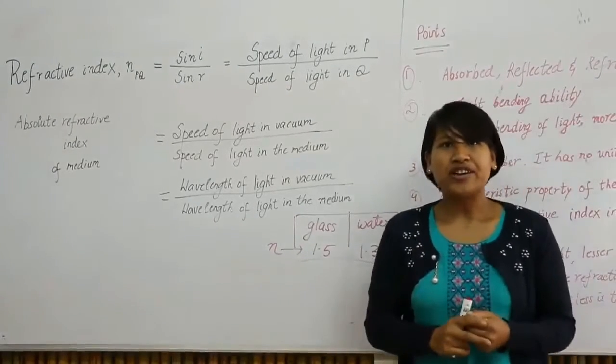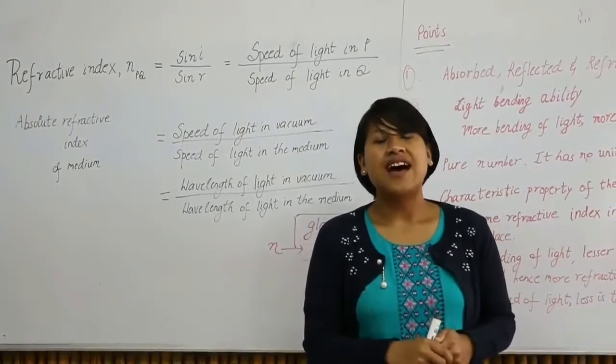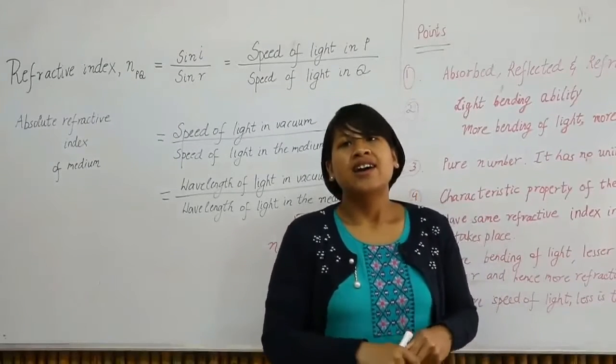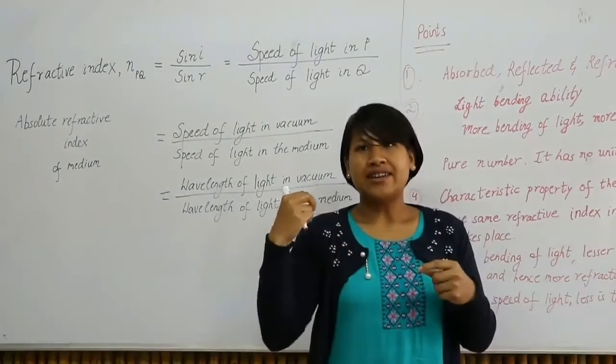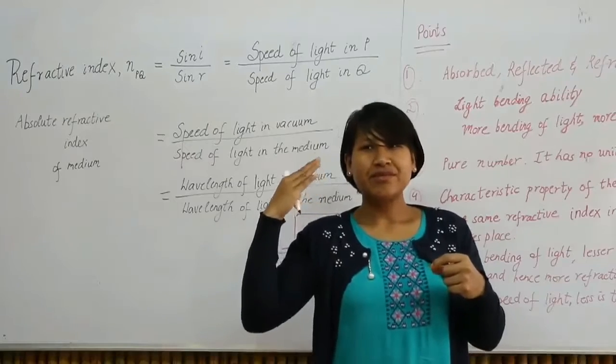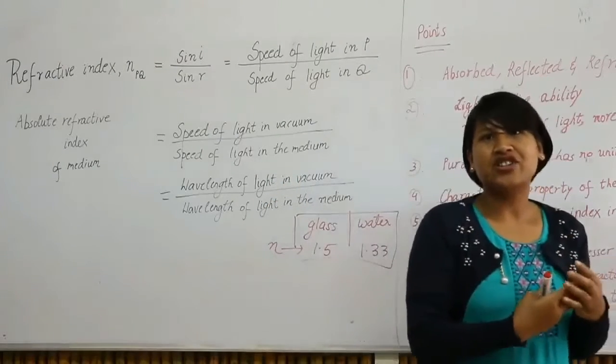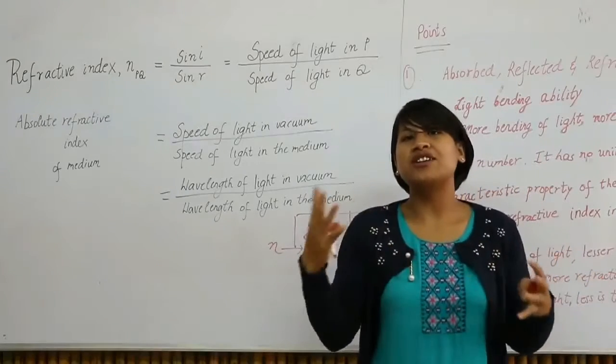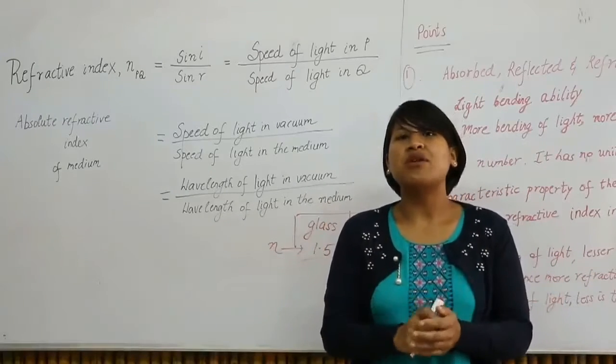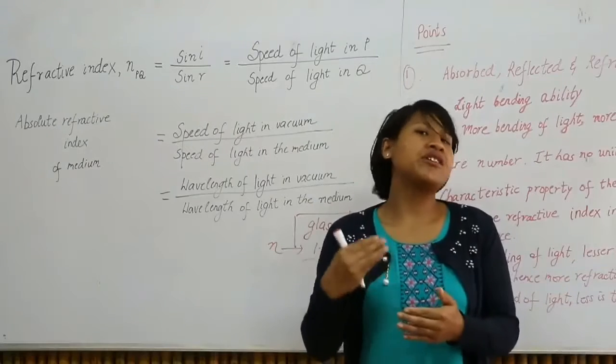The fourth point about refractive index is that the construction of lenses in optical instruments depends upon the knowledge of the refractive index.